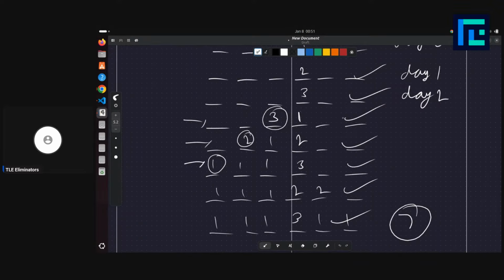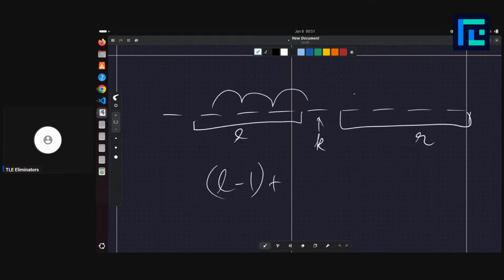So if we want to populate R blanks on the right side, how many soldiers will we need for that? We'll need R soldiers on our base camp, right? So we will need to wait at least R more days.